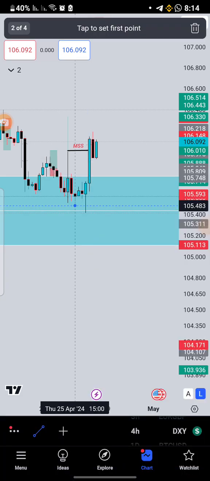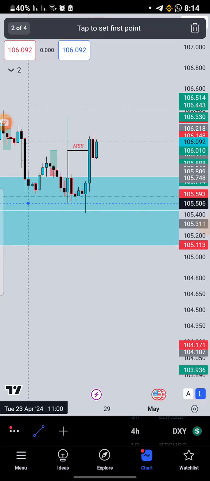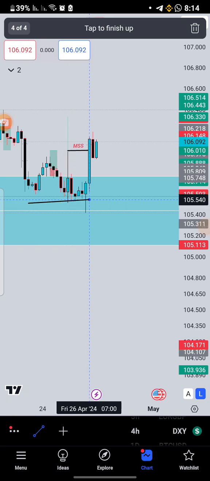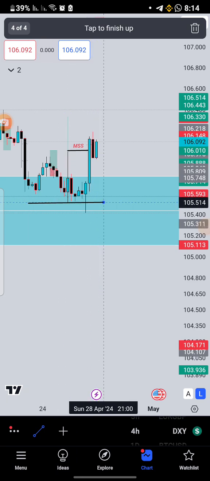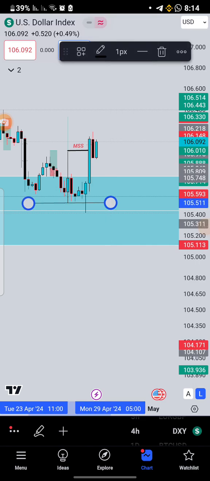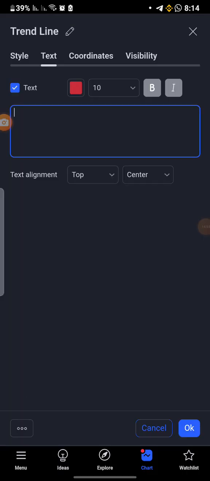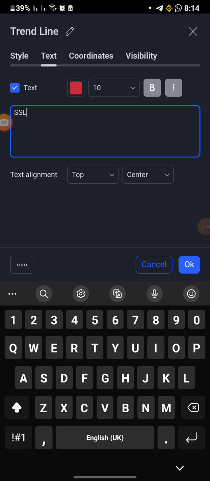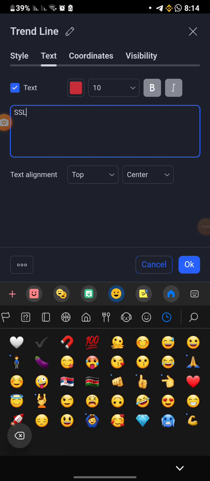Also, what we have observed is we have all these sell side liquidities that have been grabbed. So you can label these as sell side liquidity grab, and I usually use my emoji there.